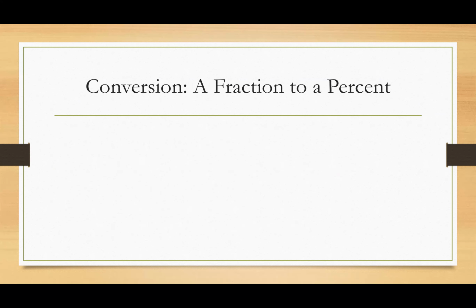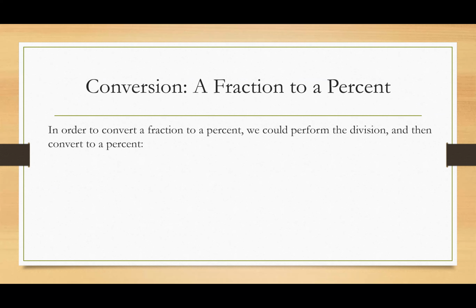And the final conversion we're going to focus on is a fraction to a percent. So in order to convert a fraction to a percent, we could perform the division and then convert to a percent. For example, 23 divided by 125 is equivalent to 0.184.